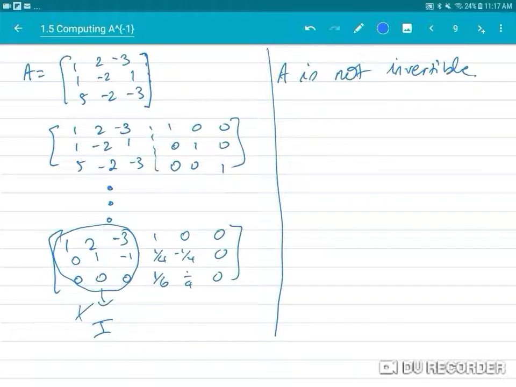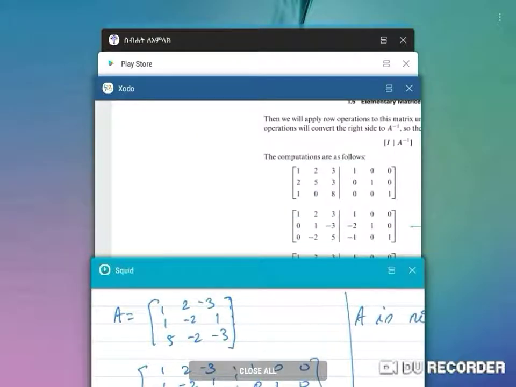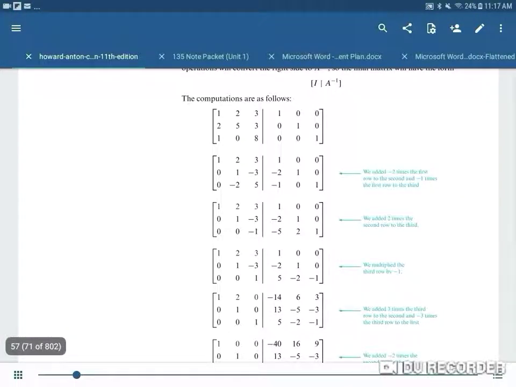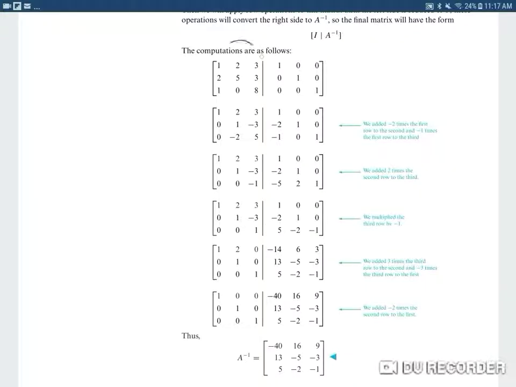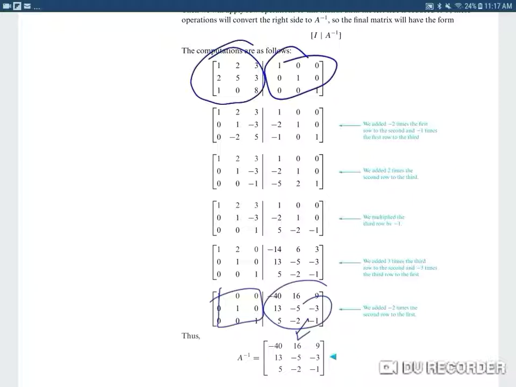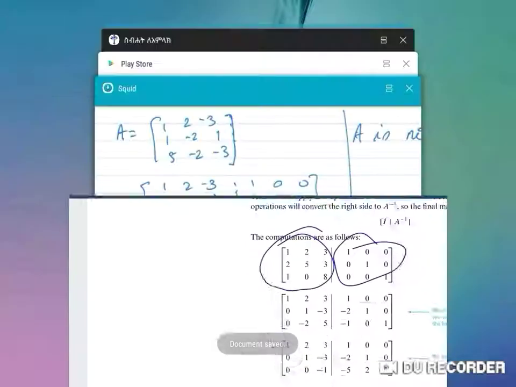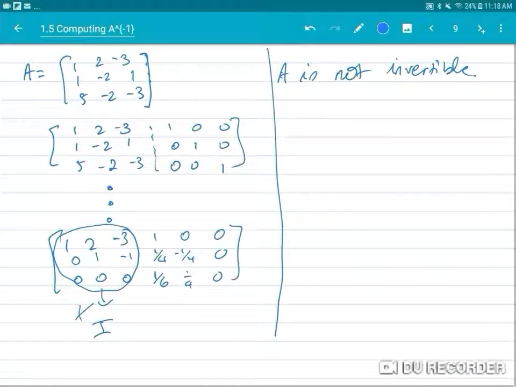Okay? Alright, so I'll go back and show you quickly a nice, beautiful example that's done in your textbook. So you can see that they have a matrix A. They tacked on the identity matrix on the right, and they did row reduction, and they got the identity here, and this is the inverse of A. That's a beautiful example in your textbook.